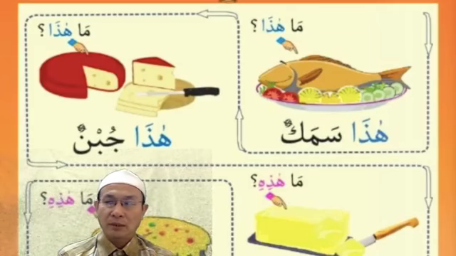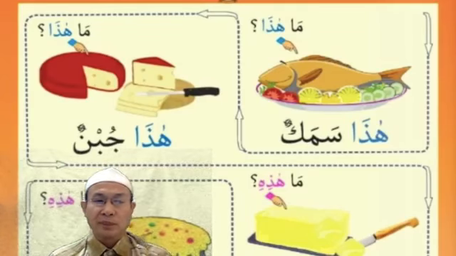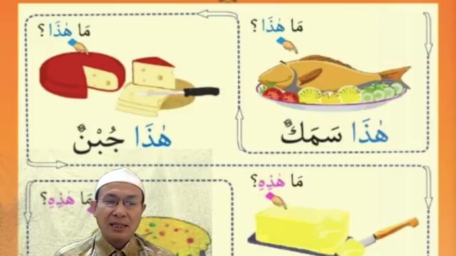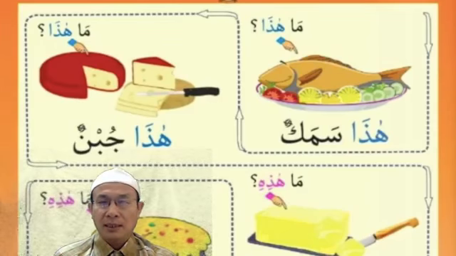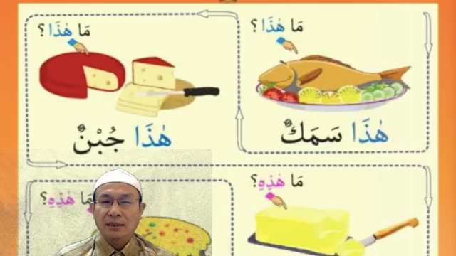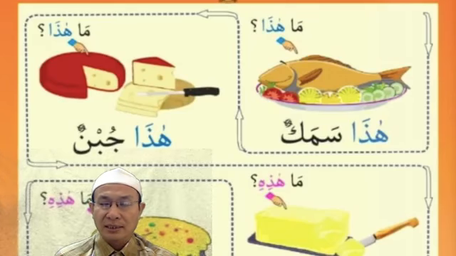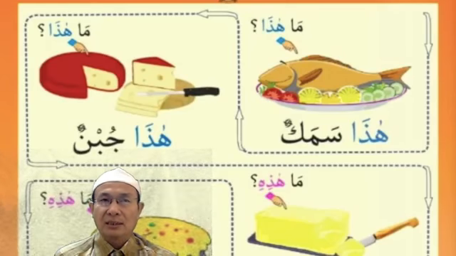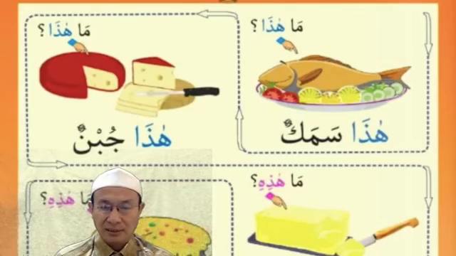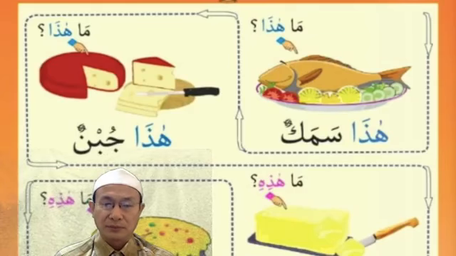Cheese. ما هذا. What is this? هذا جبن. This is cheese. Alright? Remember, cheese is called in Arabic jubn.